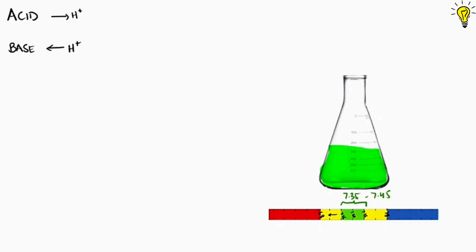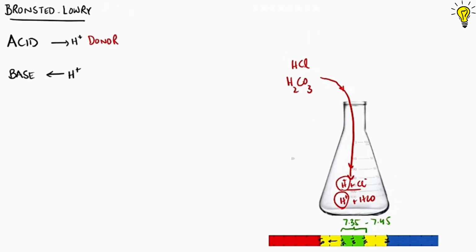So let's add an acid to it. As per the definition, an acid donates hydrogen ion. So HCl dissociates in water and gives off hydrogen ion. This would increase the net hydrogen ion concentration in fluid and make it acidic by lowering its pH, since we just said hydrogen ion concentration is inversely proportional to pH.